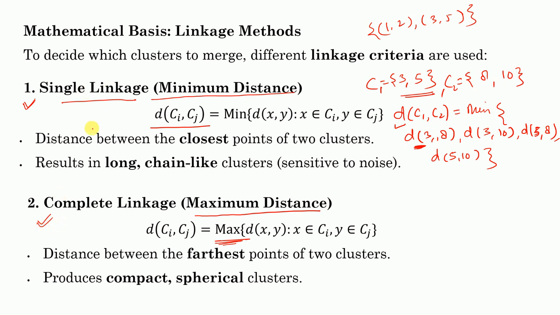Each has its own advantages and disadvantages. Single linkage results in long chain-like clusters, while complete linkage gives compact and spherical clusters. So it's your choice. The first one is single linkage, using minimum distance. Second, complete linkage, using maximum distance.